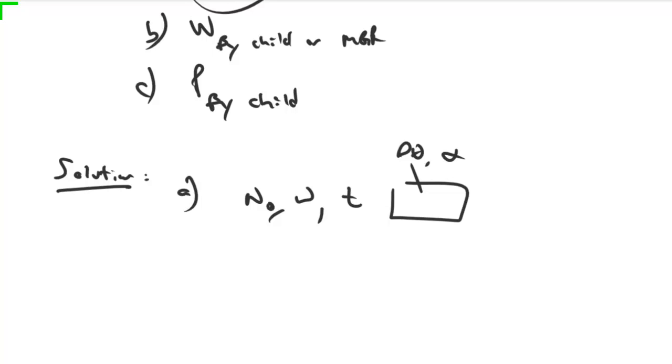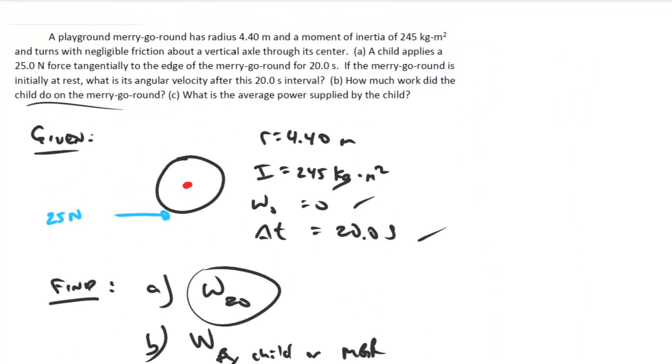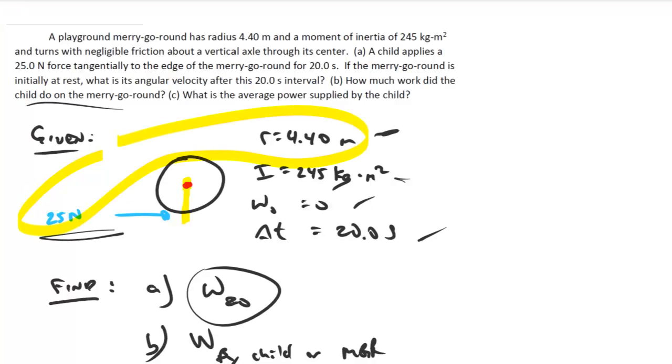But I would think it might be easiest to recognize we're also given some information about force, right? We're given a force over here, and also a mass distribution, and actually how far away that force is applied. If it's a 4.4 meter radius, then this push is 4.4 meters away from the axis of rotation. Therefore, we can get a torque with these, and therefore, we can get a rotational acceleration.